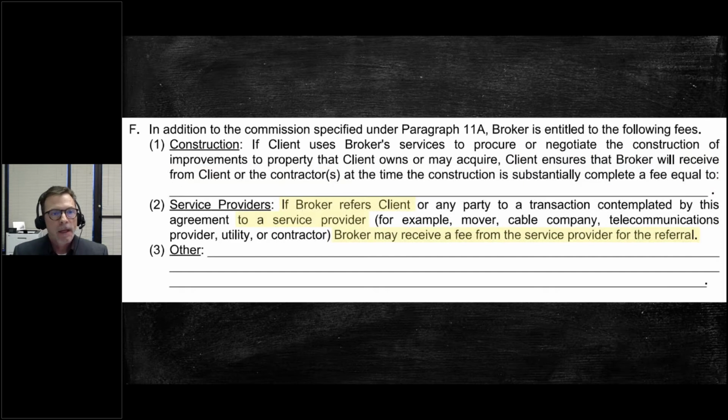Service providers. If broker refers client or any party to a transaction that's contemplated by this agreement to a service provider, for example, movers, cable companies, telecommunications providers, utilities, contractors, etc., then the broker may receive a fee from the service provider for that referral.